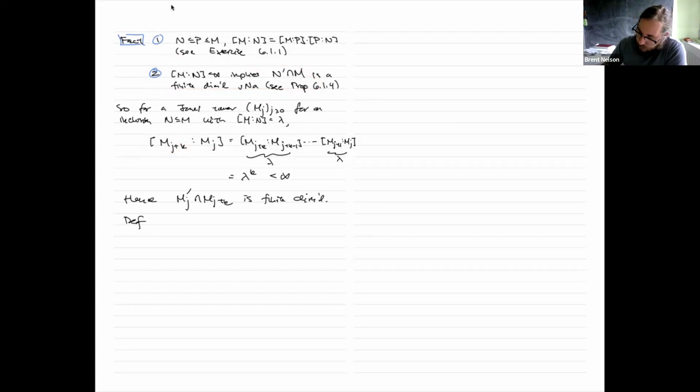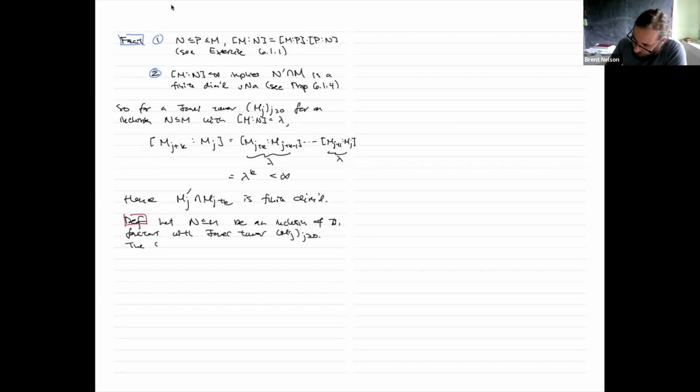So I'll define one last object here. Let N and M be an inclusion of II_1 factors with Jones tower M_j, j greater than 0.